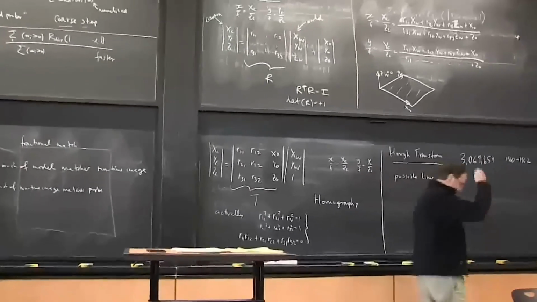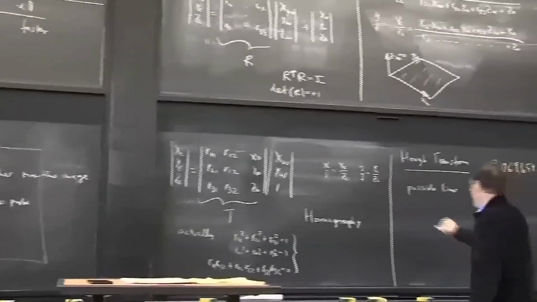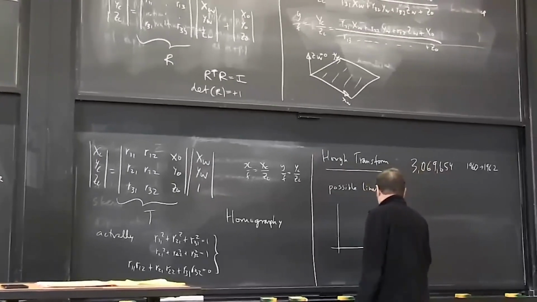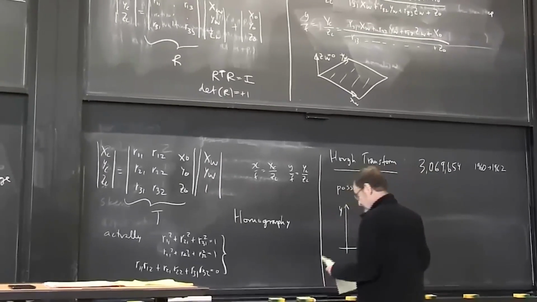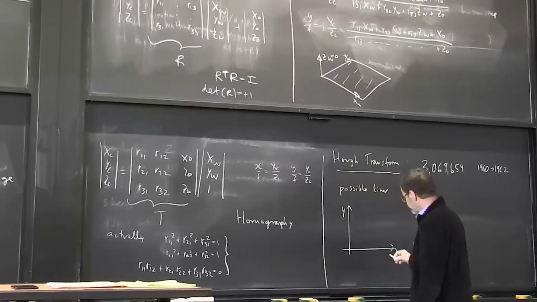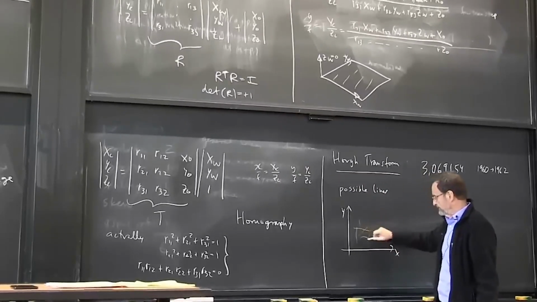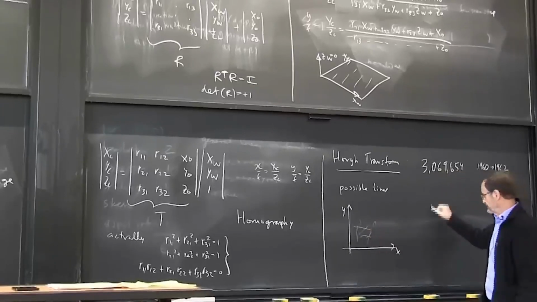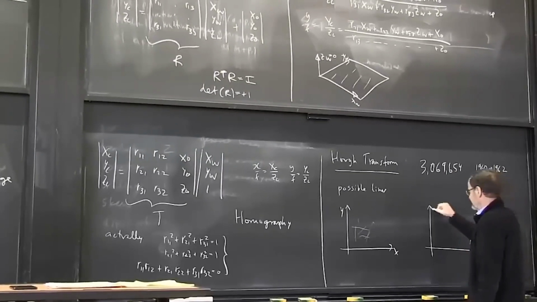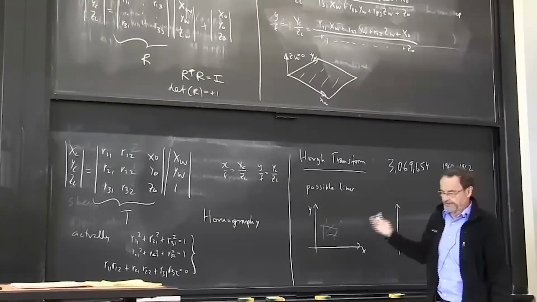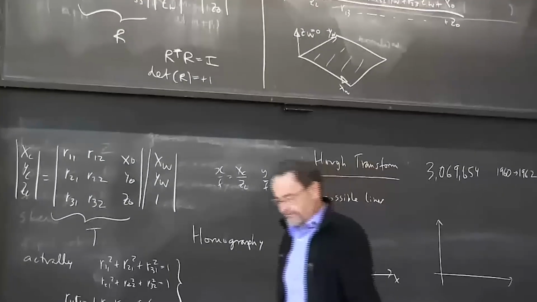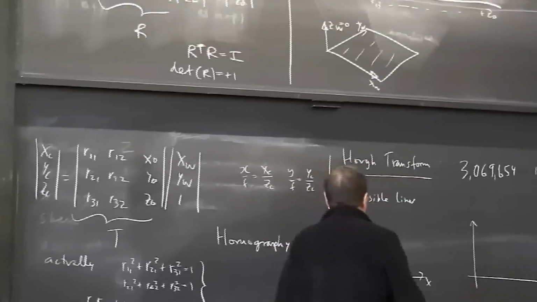So he came up with this idea that we map from image space. So here's our image space, and in this image space, we can have all kinds of lines, and we map to a parameter space for lines. So how many numbers do we need to describe a line? Well, we already did that.